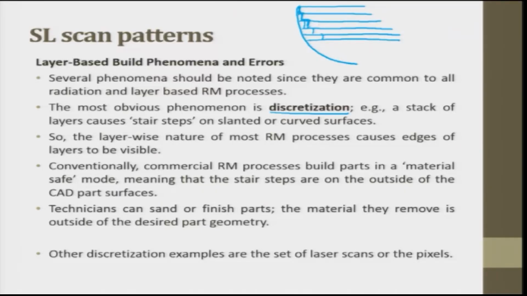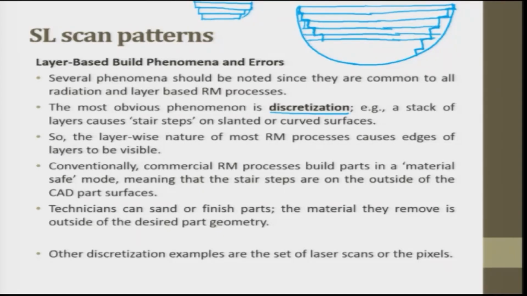Or if I draw it the other way around, if I have a curve like this, you can see here, I have exaggerated, so you will have an effect like this, because every layer is stacked on the other layer, stacked on the other layer.